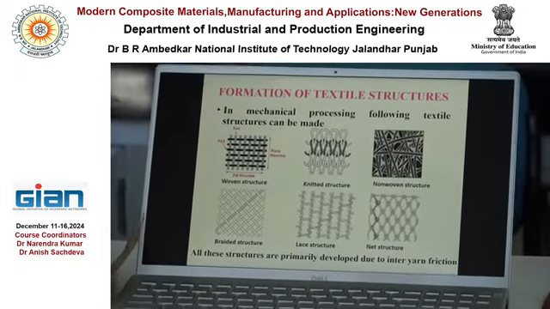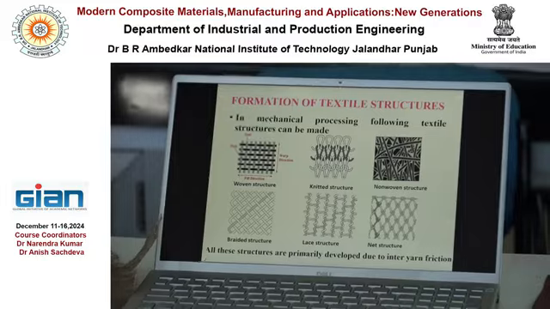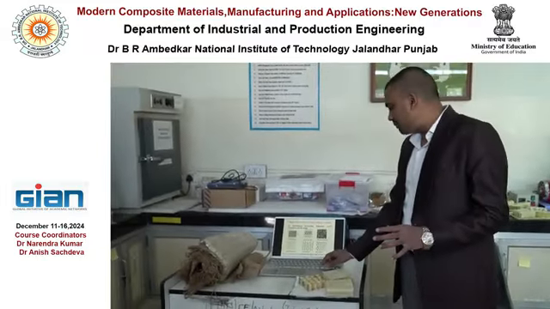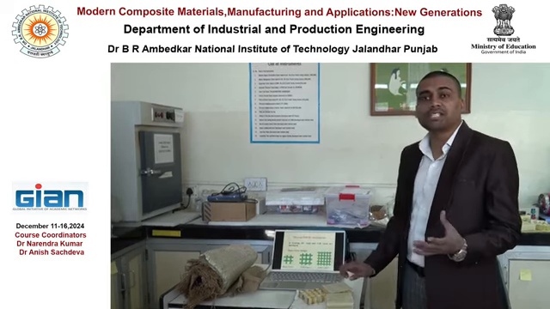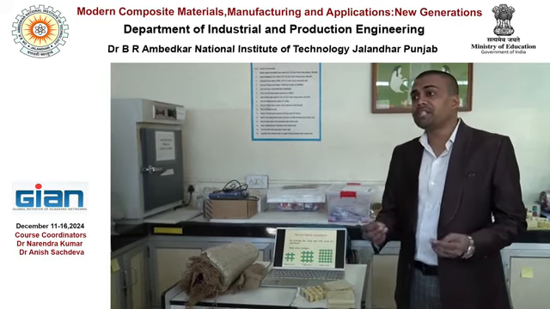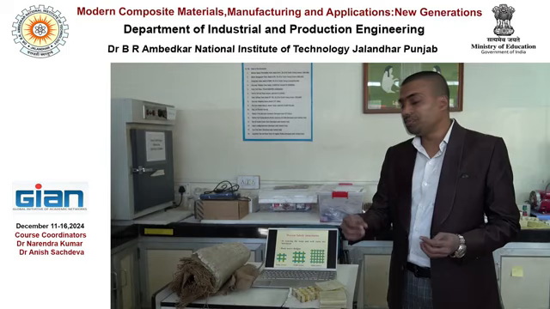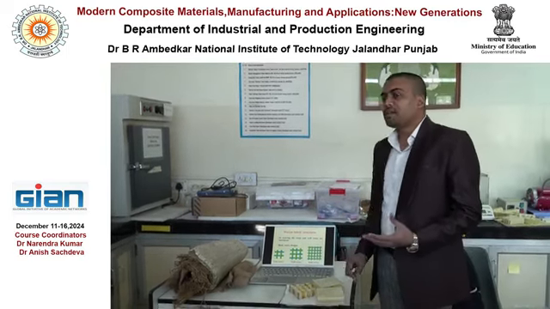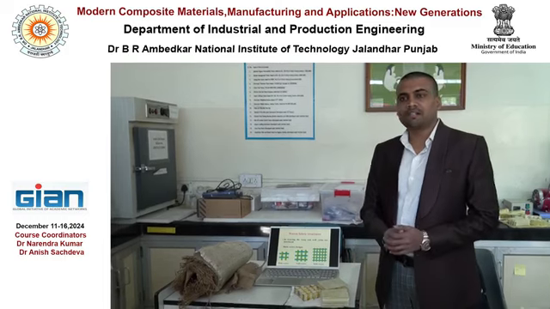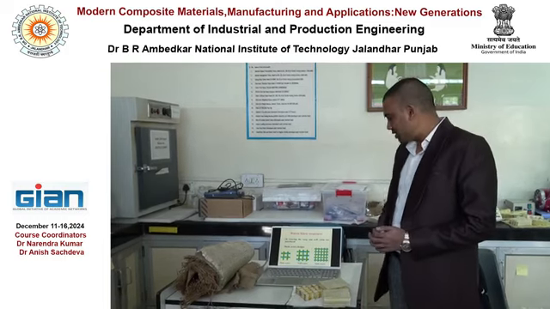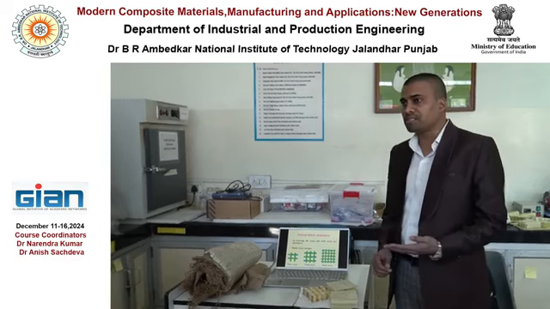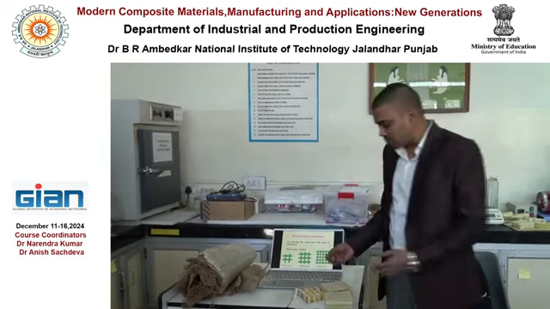And in all these structures, the mechanical performance is decided by the orientation of the yarns within these particular structures. So, as a composite researcher, you must be aware of these woven preforms, right? You must have seen these woven preforms.